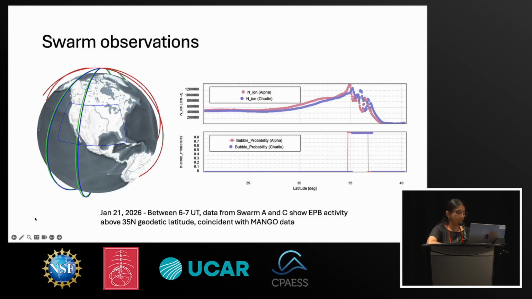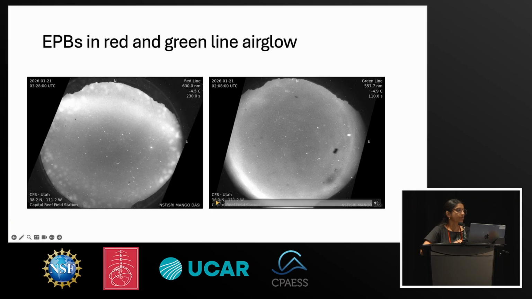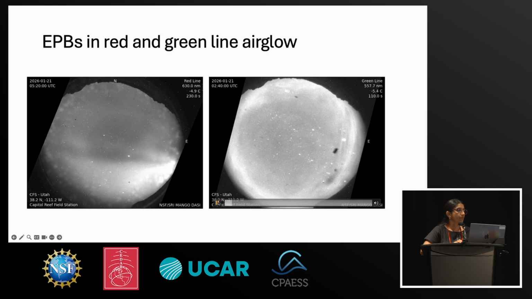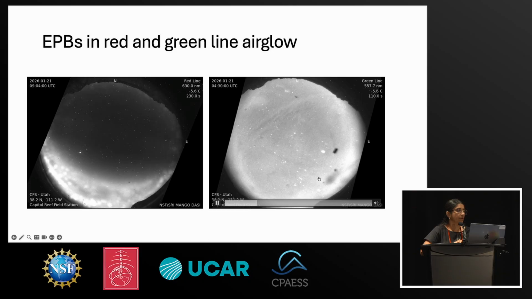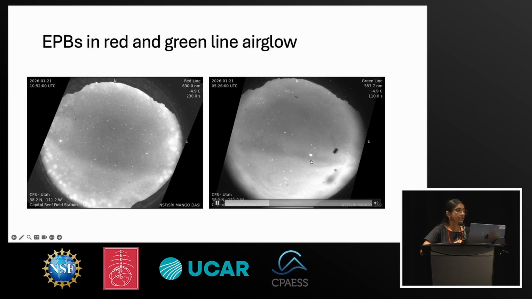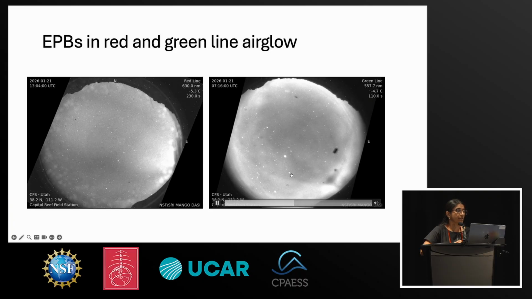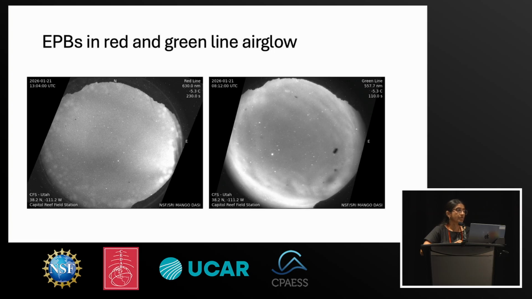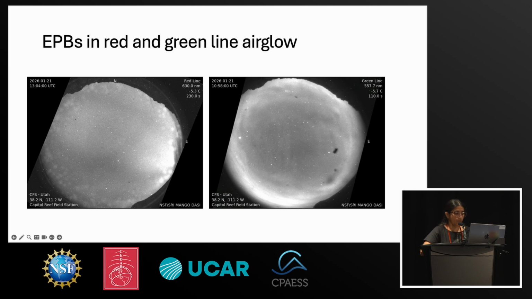But if you look at both red and green line at the same location, what you see is the bubbles in the red line on the left, and the bubbles in the green line on the right, they look quite identical in shape, structure and size. So we are now working to figure out exactly what that height is. And the thought is that these are all coming from the same structure mapped across the altitudes.